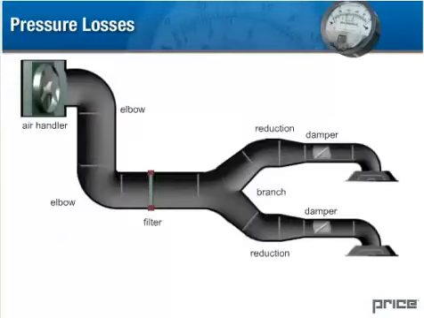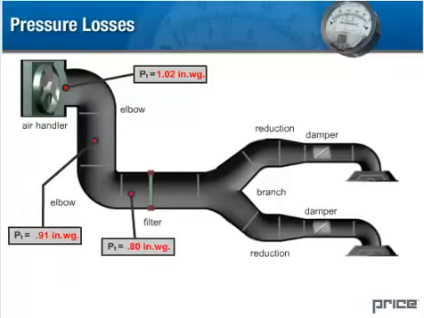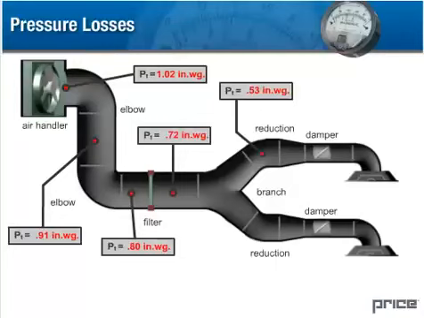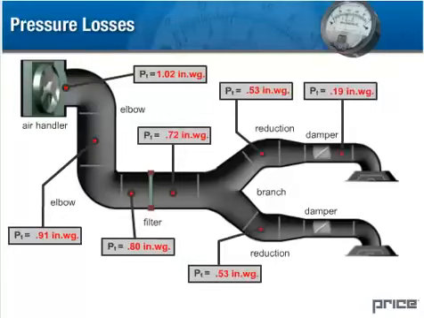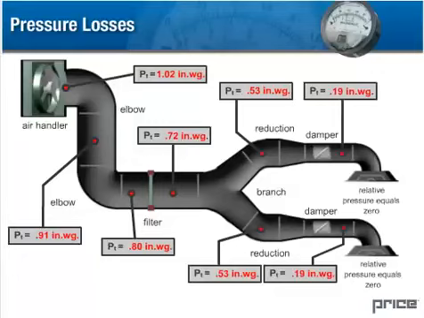If we examine a simple HVAC system, we will find that the highest total pressure occurs at the air handling unit. This is where the static pressure needed to force air throughout the system is created. As we move downstream, we will see that there is a series of pressure drops across each transition until we get to the diffuser. As air leaves the diffuser, it reaches the same pressure level as the environment.